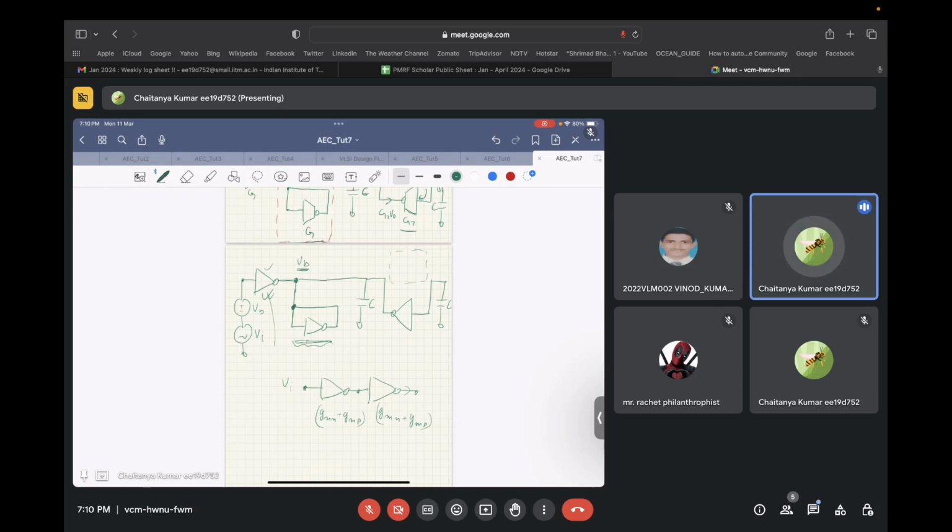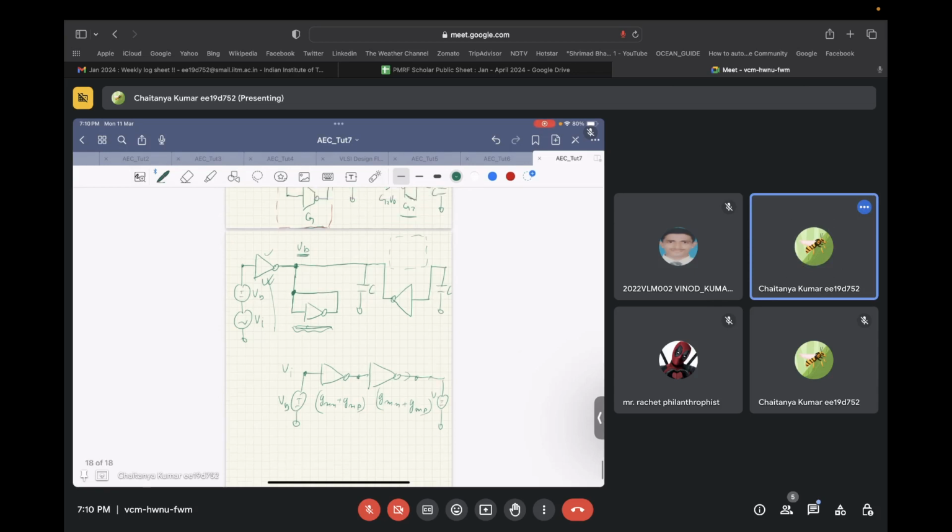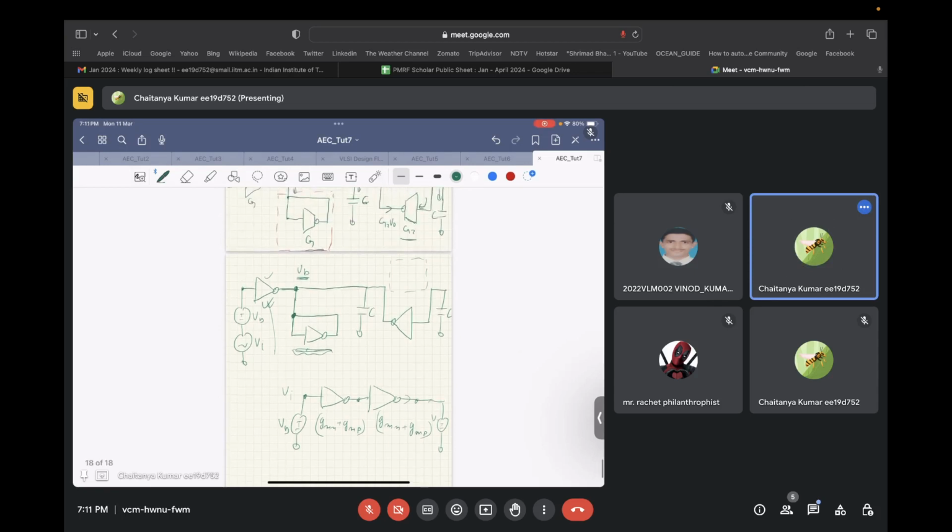So, there are two problems over here. Assume that this is biased at VB and its output is biased at VB. Let's say both these things are taken care of.